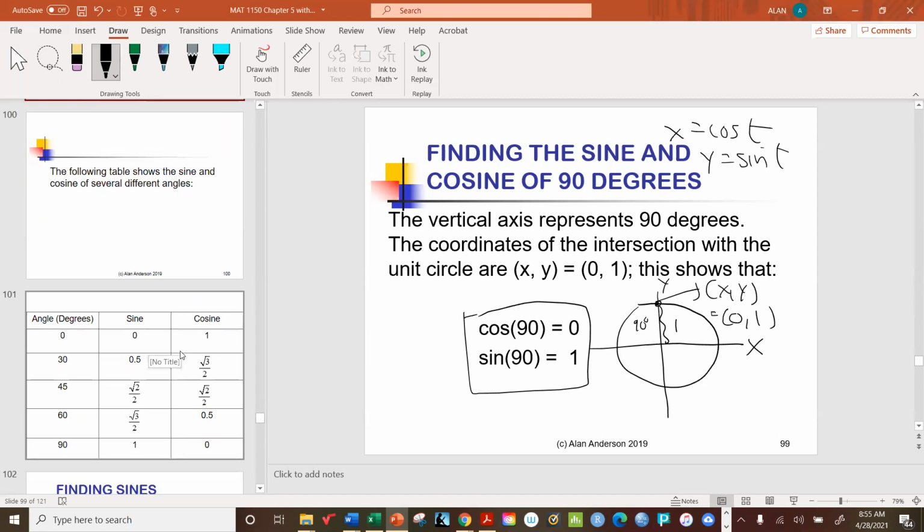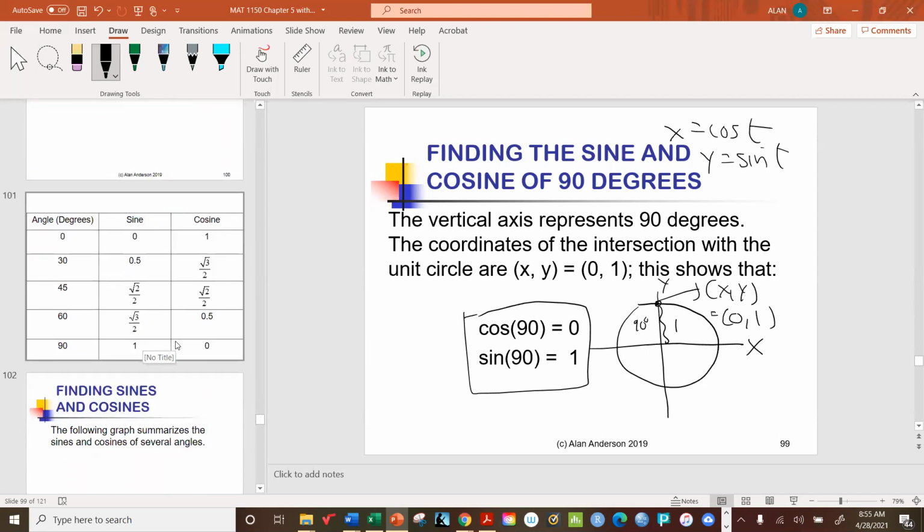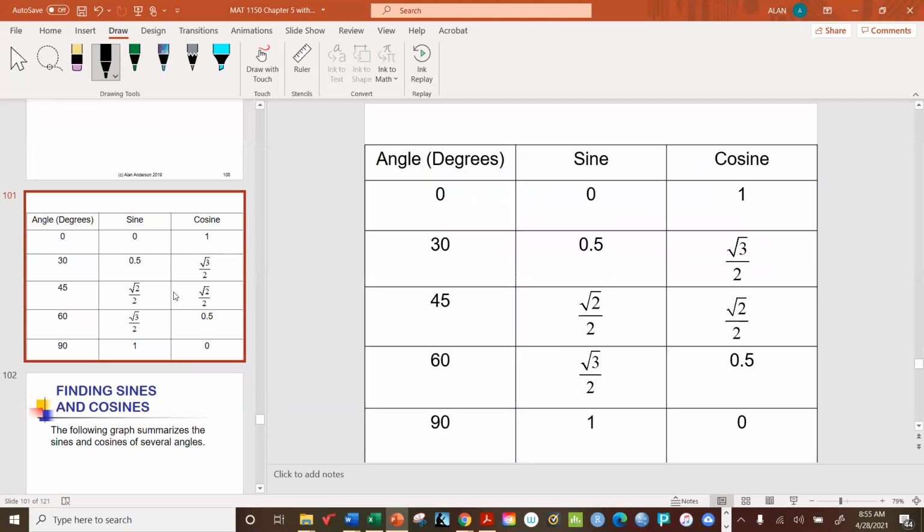So yeah, now the table here just represents everything that we just did. Okay, and so all the common ones, I guess you could say, are right here. Now, all the others that you might encounter, like let's say 42 degrees or 61 degrees, in principle, you could draw a triangle on the unit circle and find these, but of course it would be very awkward.